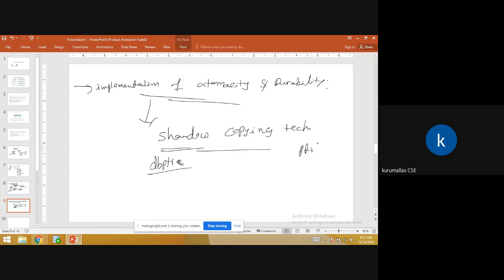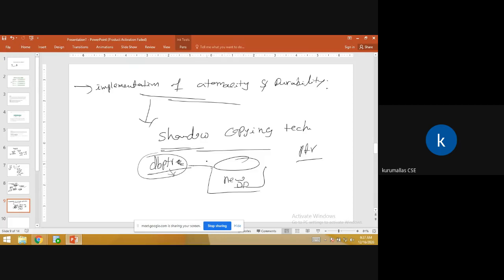The database is a file written on the disk, and it has one database pointer that points to the new database copy.